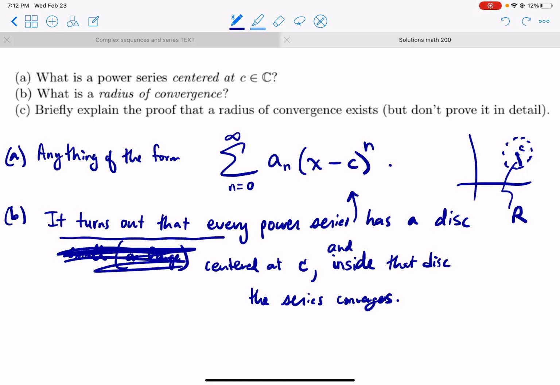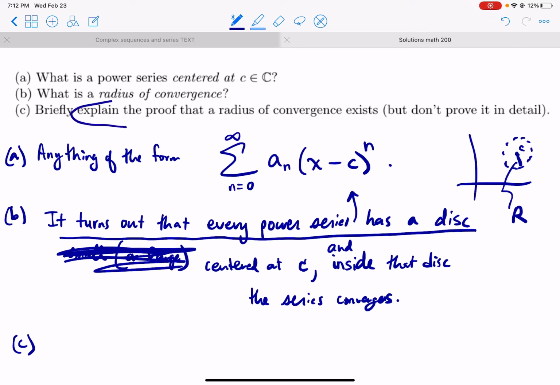So every power series has a disk centered at that point. If this was 0, then it'd be a disk centered at 0. And inside that disk, the series converges. Done. That's the radius of convergence.